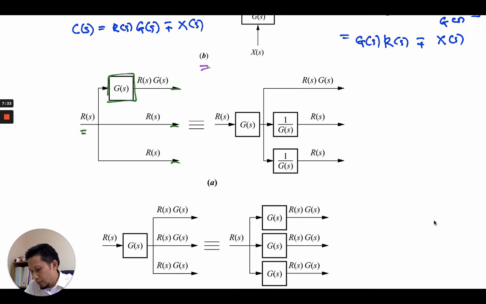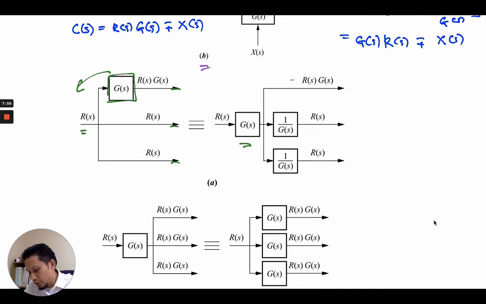So the equivalent block diagram is we move the block diagram of the subsystem G(s) to the other side of the input. So what happened is that it becomes something like this.